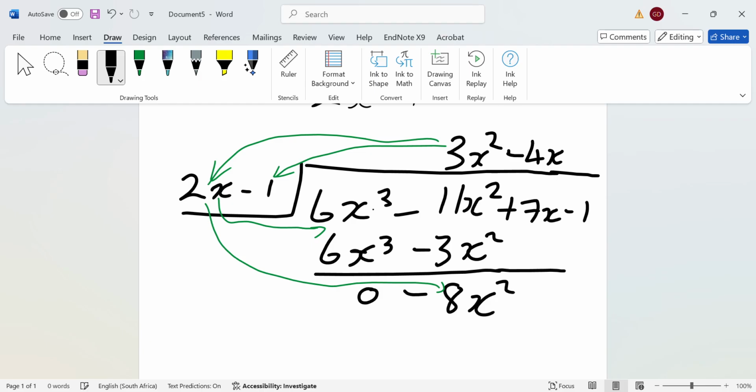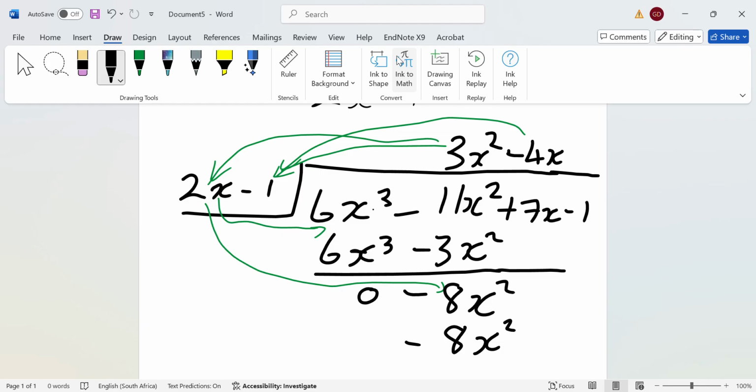Okay, and then minus 4x multiplied by 2x gives you 8x squared, and there you're going to have 8x squared negative. Then that minus 4x multiplied by -1 gives you plus 4x.